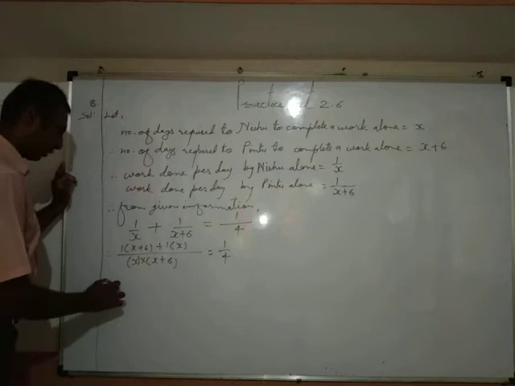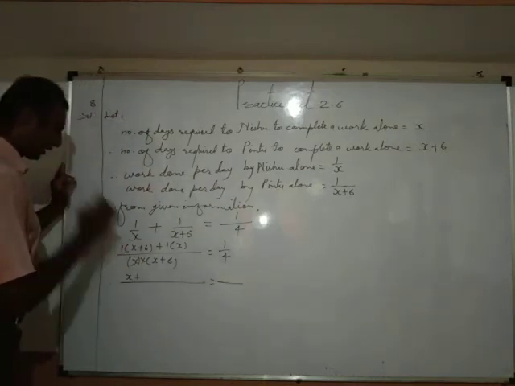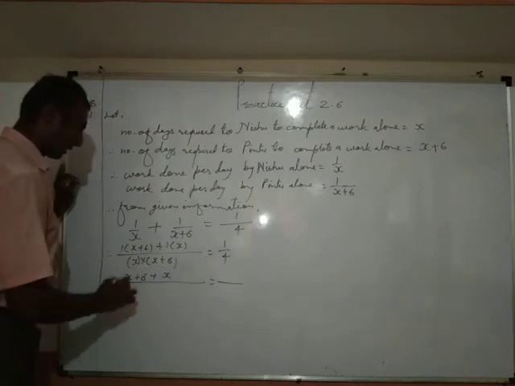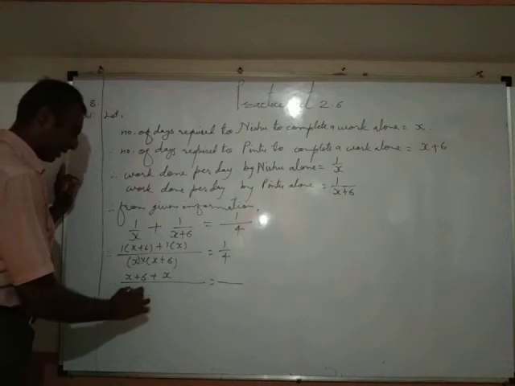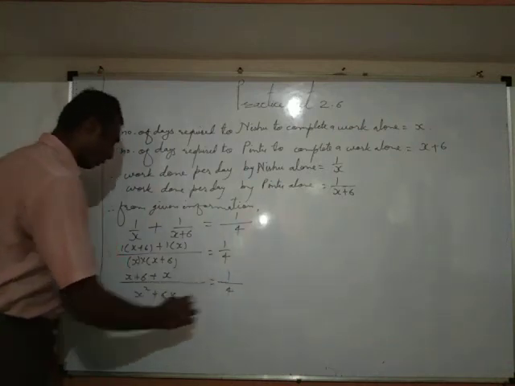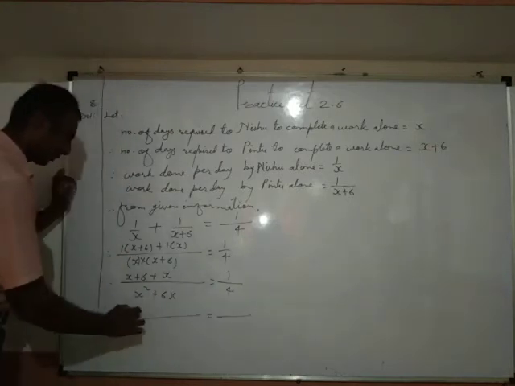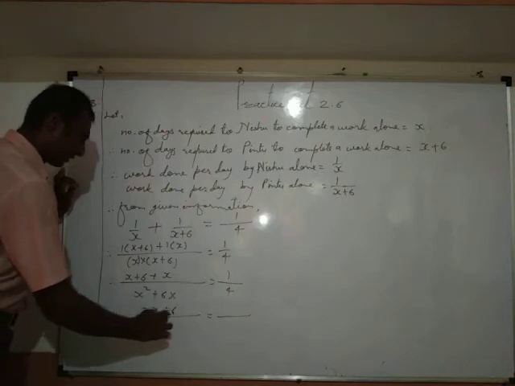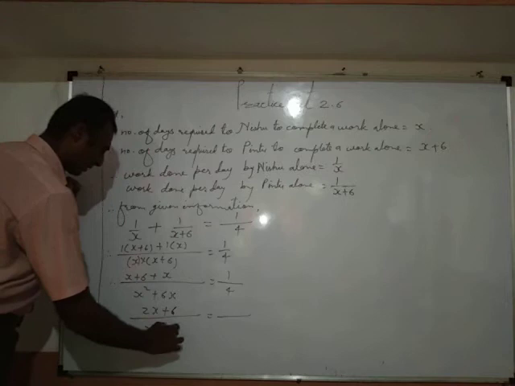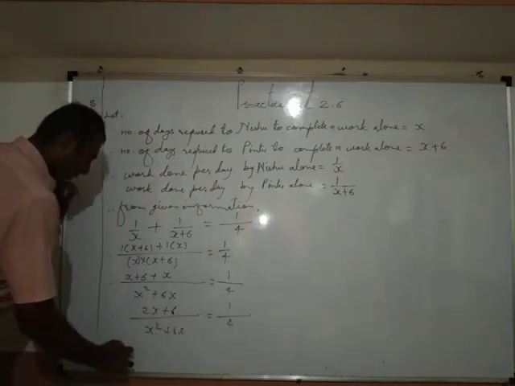And therefore let's simplify this equation. 1 into x gives us x, 1 into 6 gives us 6, plus 1 into x gives us x. Now x into x is x square, and x into 6 is 6x equals 1 upon 4. And therefore here at LHS, x plus x gives us 2x plus 6 upon x square plus 6x equals 1 upon 4. And therefore let's cross multiply.